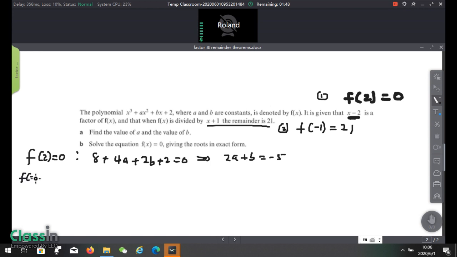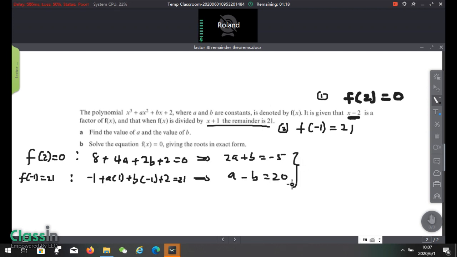The other part is f of negative 1 equals 21. This means negative 1 cubed is negative 1, plus a times negative 1 squared is 1, plus b times negative 1, plus 2 equals 21. And when we simplify this, we have a minus b equals 20.